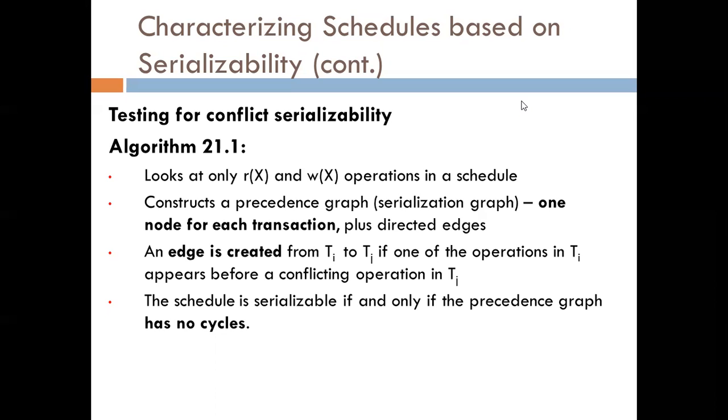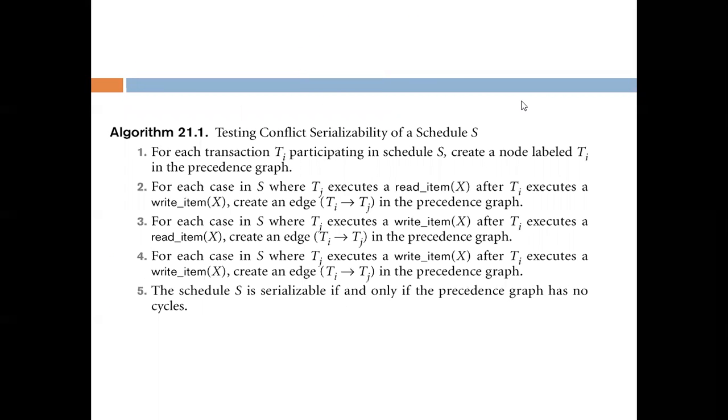And the schedule is said to be serializable if and only if the precedence graph has no cycles. So the complete algorithm is here, testing for conflict serializability of a schedule. In the first step, for each transaction Ti participating in the schedule, we will create a node labeled Ti in the precedence graph. So one node is created for each transaction.